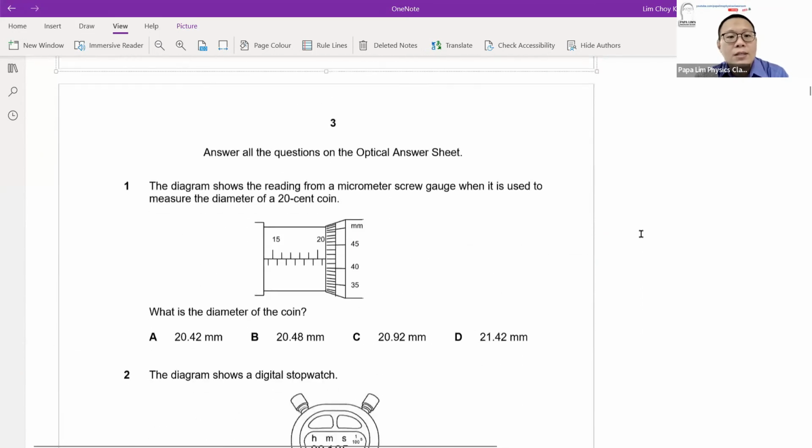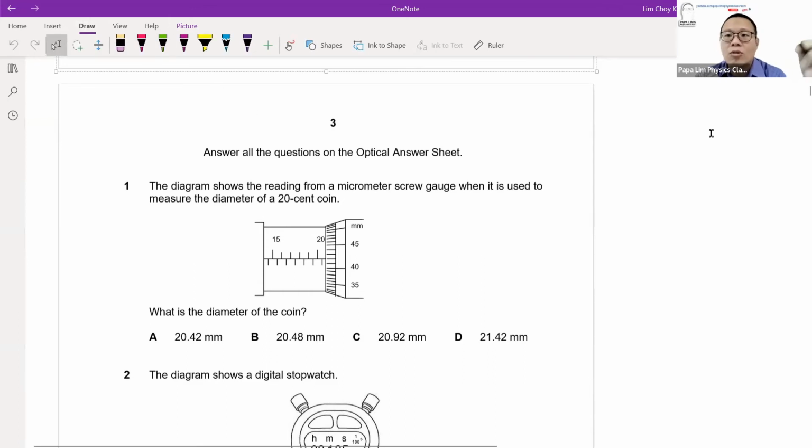Question 1 here is a classic example of reading a micrometer screw gauge. The common thing that we like students to remember is that the marking at the top is in ones. So it's 15, 16, 17, 18, 19, 20. Then the value at the bottom is in terms of 0.5.